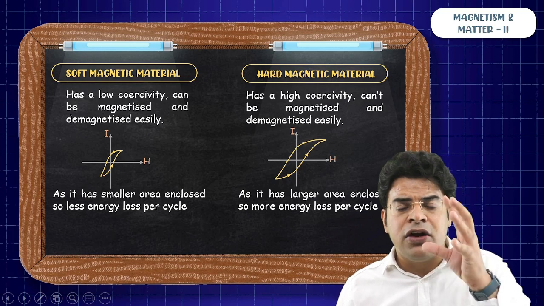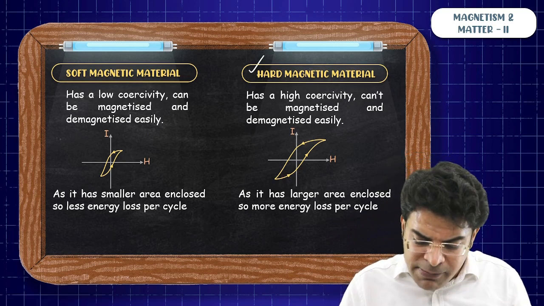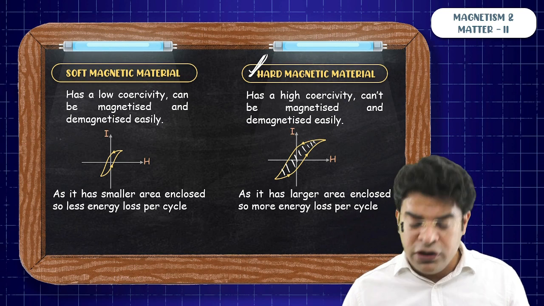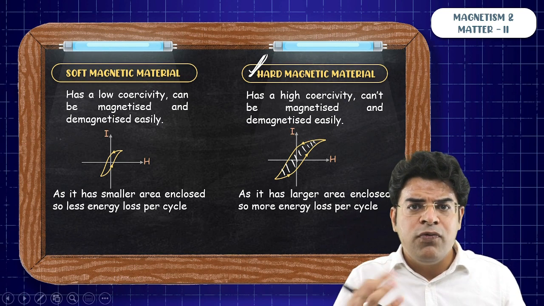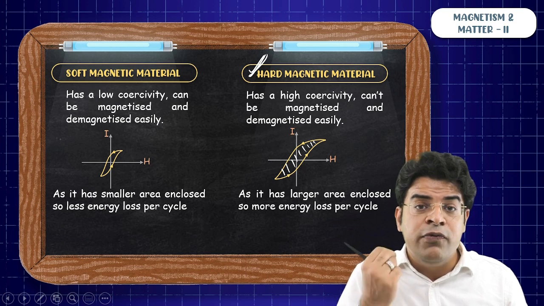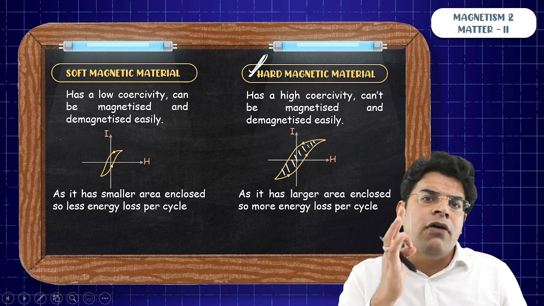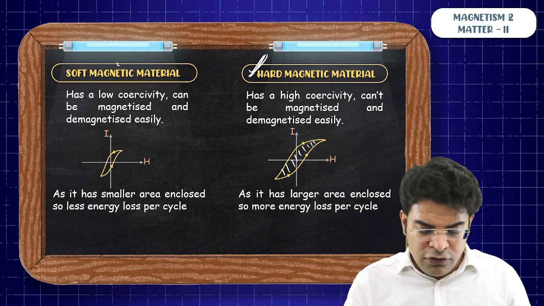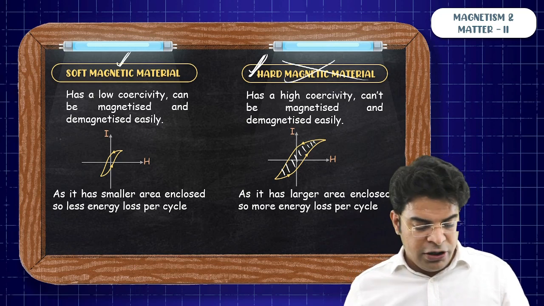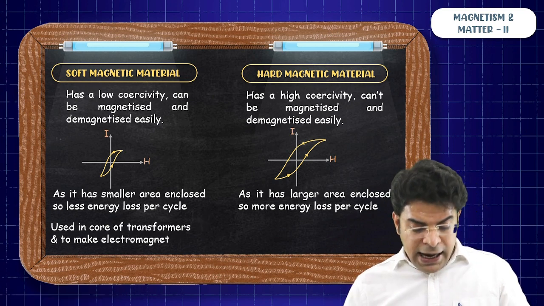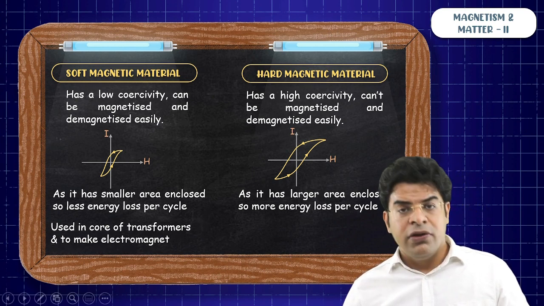If within the transformer you will use a hard magnetic material, then there will be more energy loss per unit volume per cycle, and we don't want that. We want less energy loss. We want our devices to be more efficient. So remember that in the core of the transformer we use soft magnetic material and not the hard magnetic material. So you will say used in the core of transformers and to make electromagnets.